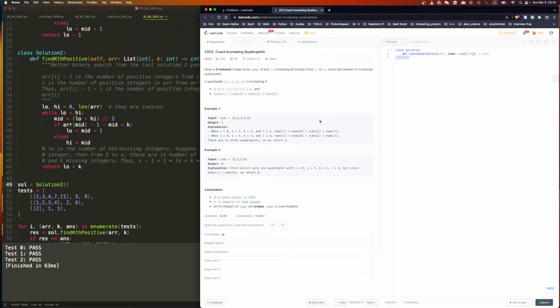Plus, even if you make it work, it'll be like O(n) squared log n, right? It didn't really feel right.